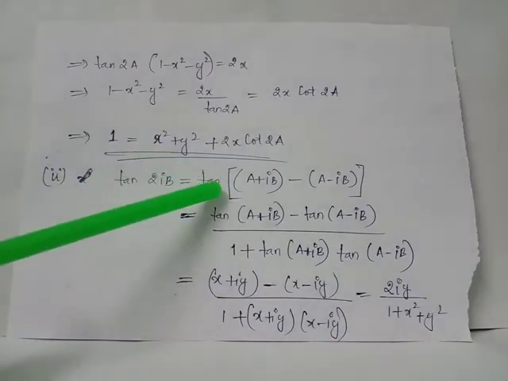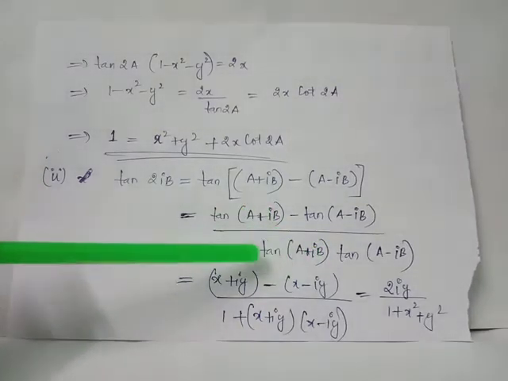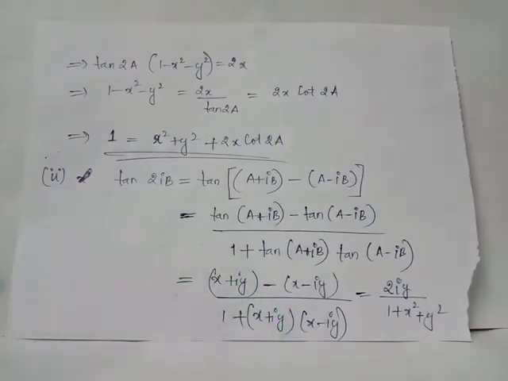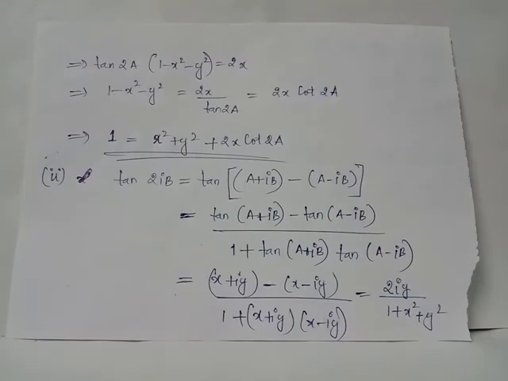Now we can expand this term using the formula for tan(x − y) equals (tan x − tan y) upon (1 + tan x tan y), where x equals a + ib and y equals a − ib. We can replace tan(a + ib) here and here using x + iy, and tan(a − ib) here and here can be replaced using x − iy.